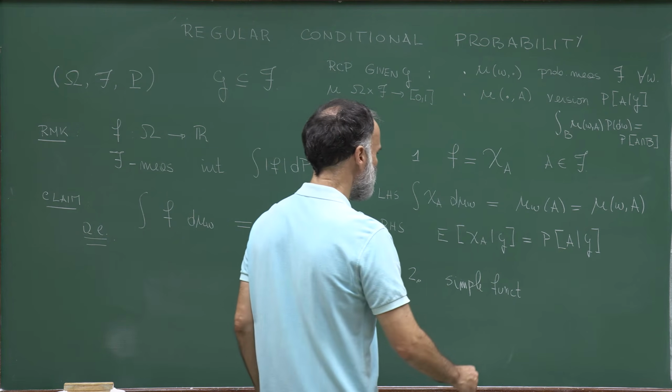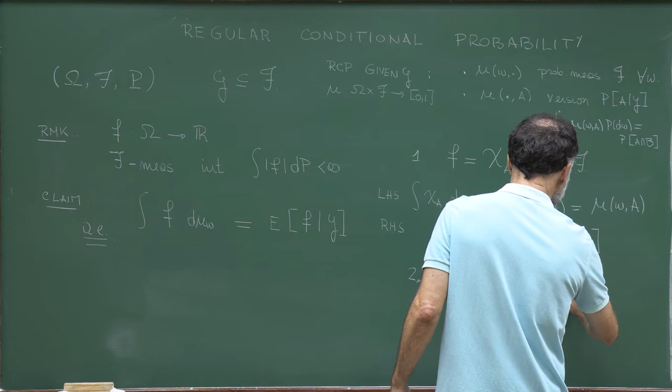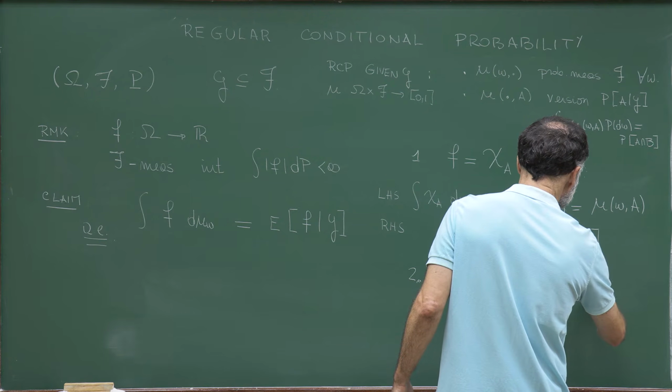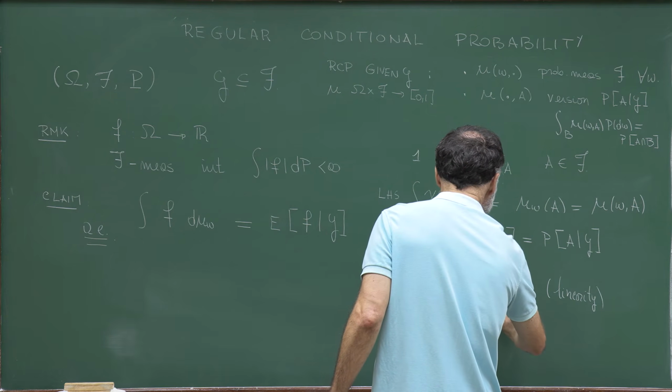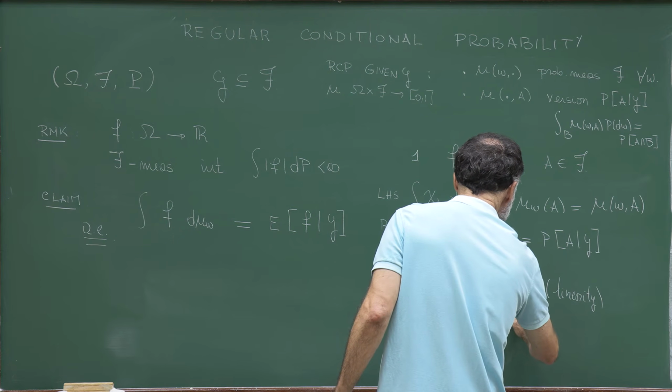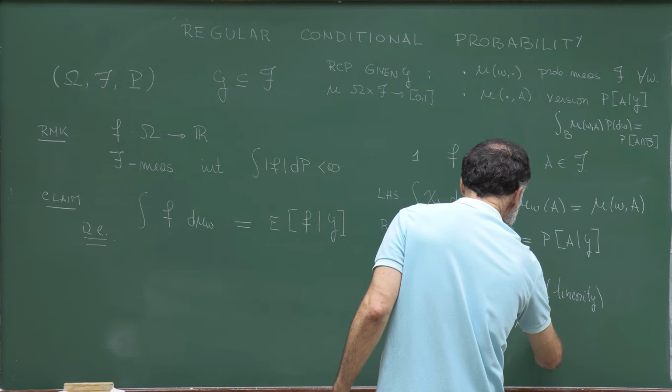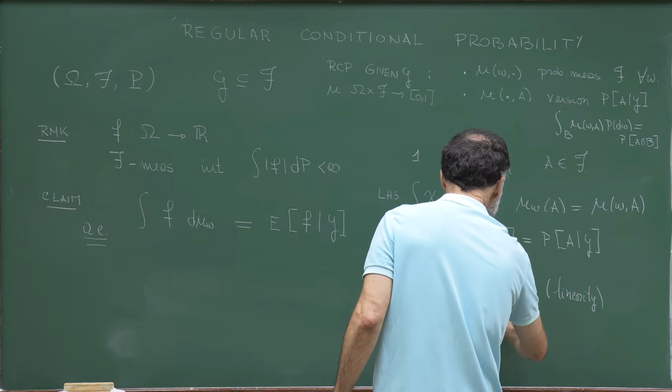Now, I can extend this identity to simple functions just by linearity. All right, so a simple function, remember, is a function which is written as a finite sum of c_j times the indicator function of a set A_j.